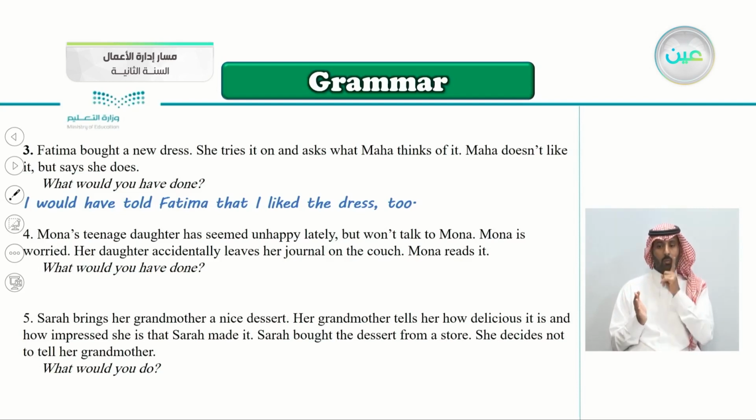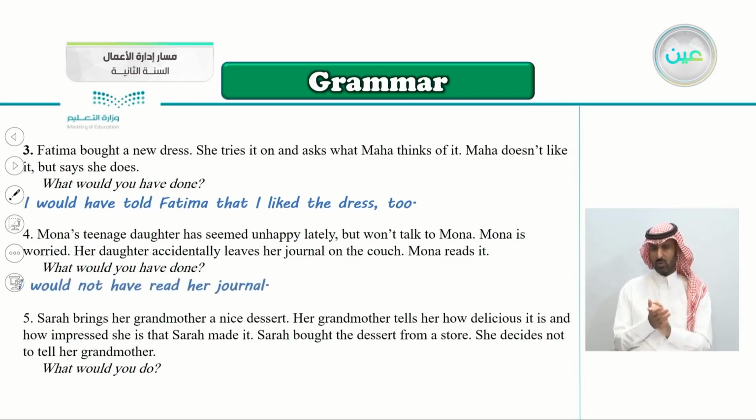Especially that she is worried because her daughter is unhappy lately. Is it ethical to read someone's private journals? Of course not, but maybe because her mother, she is worried. So this is a dilemma here. I wouldn't have read the journal. The correct thing is I wouldn't have read the journal, but maybe as a mother, she is an exceptional answer.